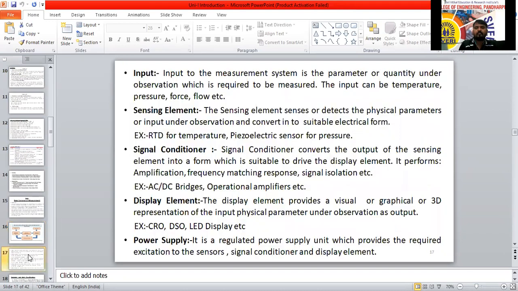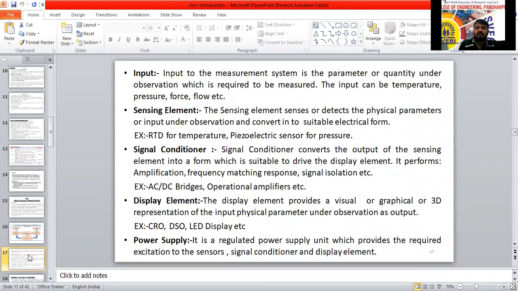We'll consider the input. Input to the measurement system is the parameter or quantity under observation which is required to be measured. Now, what do we have to measure? That is called input. The input can be temperature, pressure, force, flow, or whatever it may be.